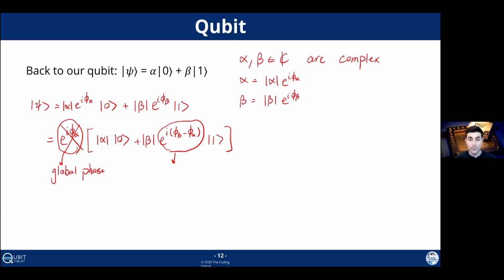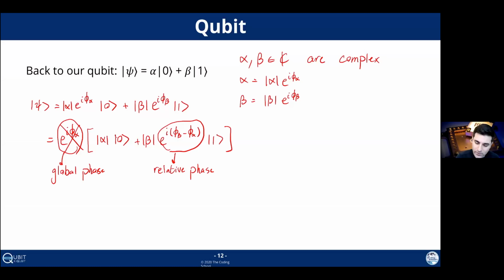Okay, and again, the overwhelming majority have a good idea of what's happening. So now this phase is a relative phase between the 0 and the 1 state. So it can't be ignored. It actually is physically meaningful.